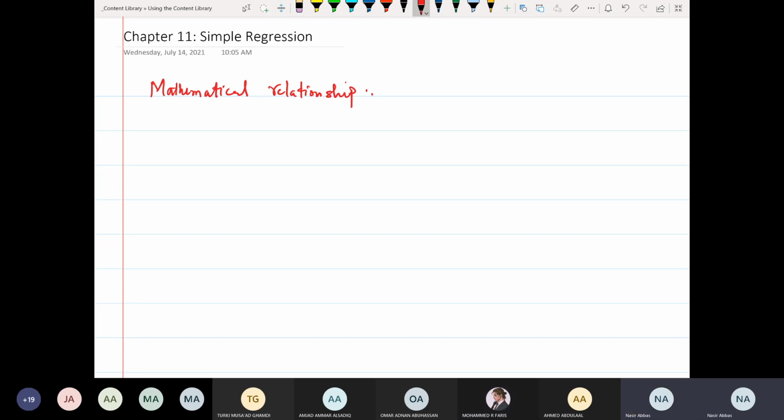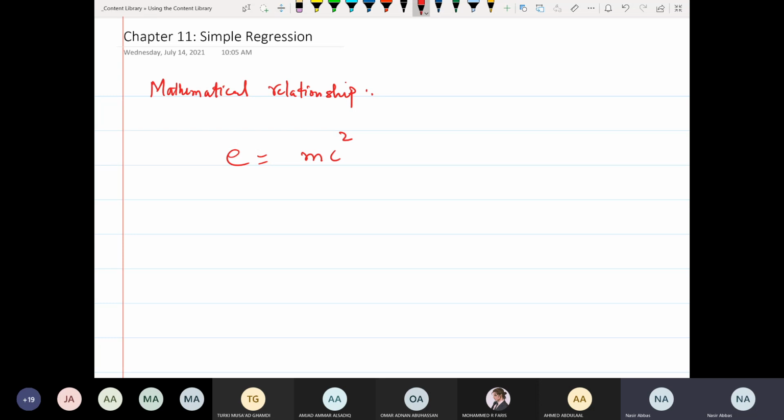Muhammad Faris: It is like a linear equation or something like that. It is a linear equation or not linear. Forget about regression. I'm not interested in regression. What is a mathematical relationship? The one I wrote in front of you, is it a mathematical relationship?